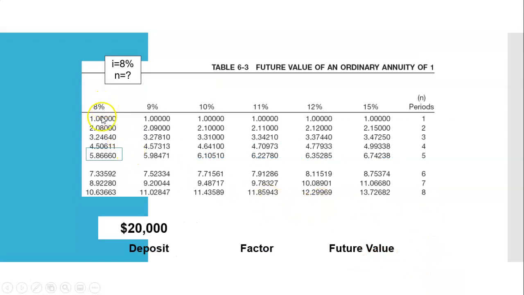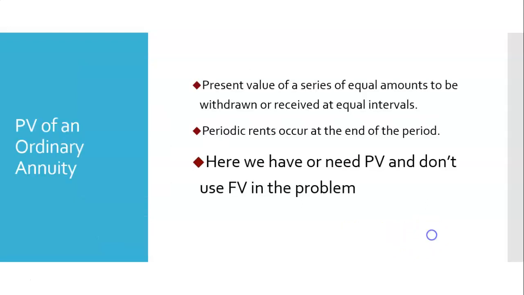We're going to go down the 8% till we get to the 5.866. Now we'll come across to see how many periods that is. That is 5 periods. We can double check that. The 20,000 times the 5.866, does that equal the future value of 117,332? Yes, it does. So the answer is 5 years.